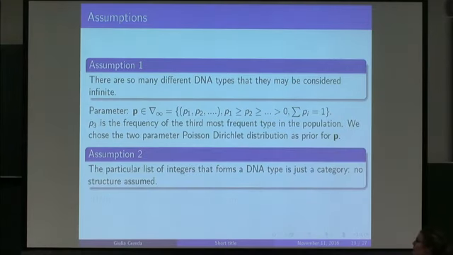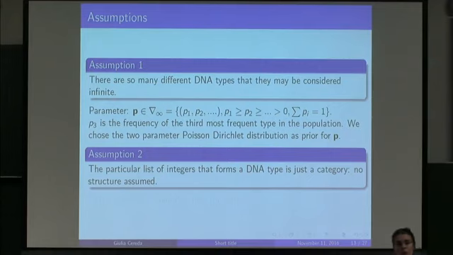And then the second assumption is that, as I told you, a YSTR profile is a list of STR alleles that describe the number of repetitions on different portions of the Y chromosome DNA sequence. The thing is that I would like to consider each profile as a category.